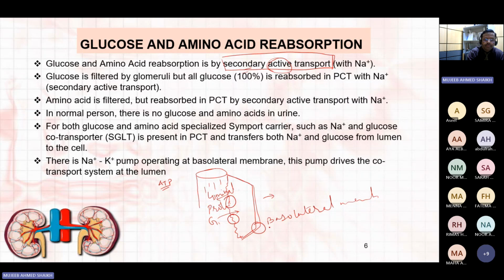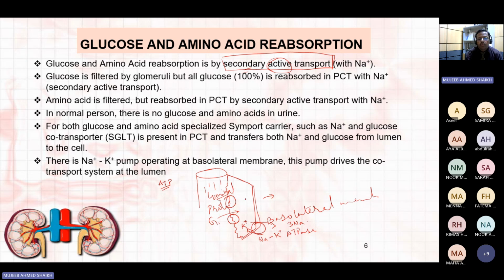What is this channel or protein? It is the sodium potassium ATPase channel. The usual sodium potassium ATPase channel. Its function is to do what? Its function is to throw 3 sodium out and take 2 potassium in.